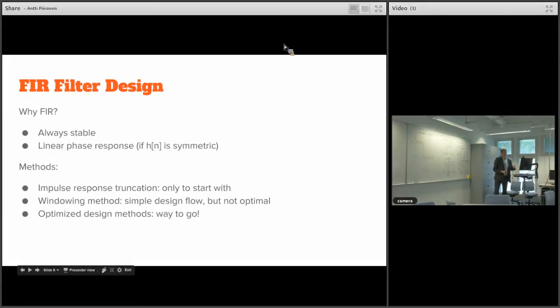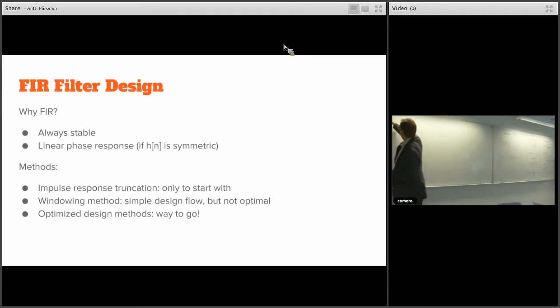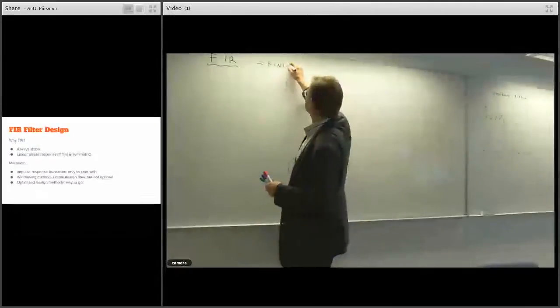And go to the FIR filter design. First of all, why would we use an FIR system? Let's first remind ourselves what FIR is: finite impulse response.